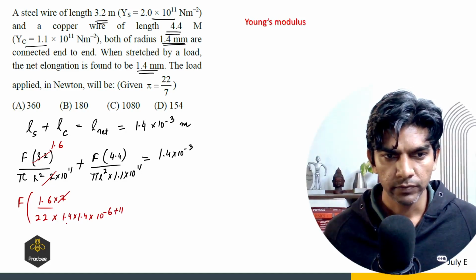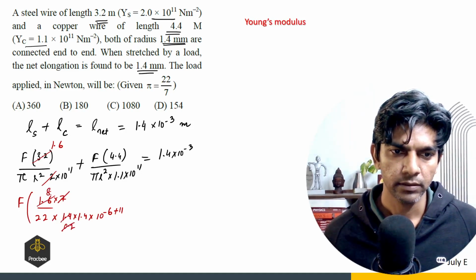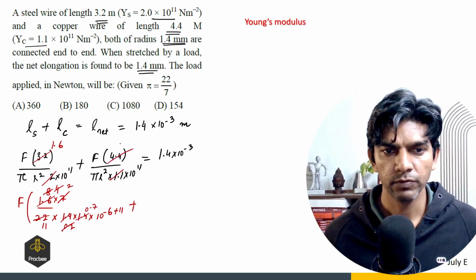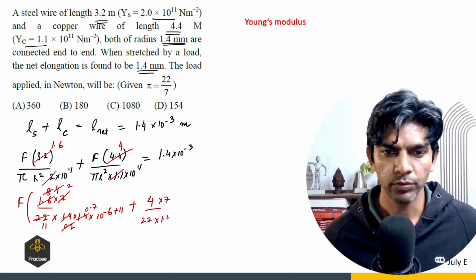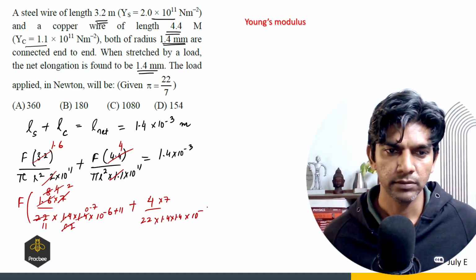Right, so this will give us 0.2 and 0.7, plus 4 divided by 22 by 7 times 1.4 times 1.4 × 10^-6 plus 11.